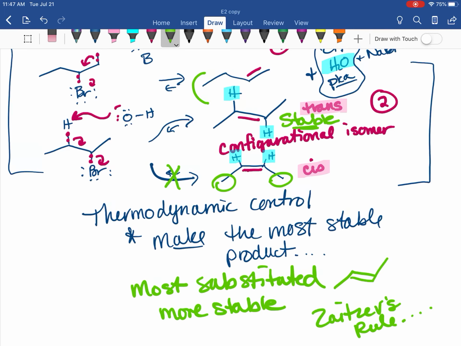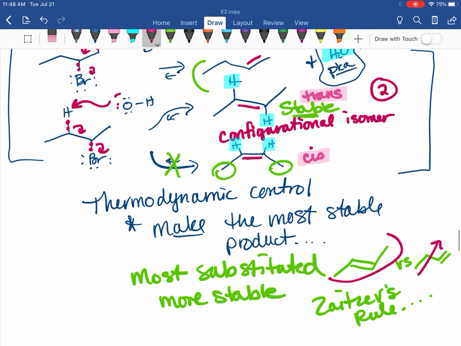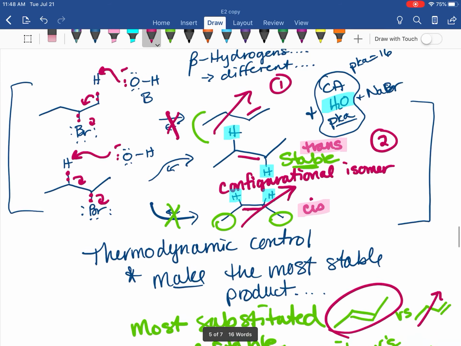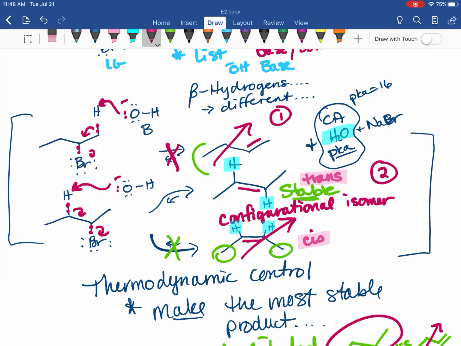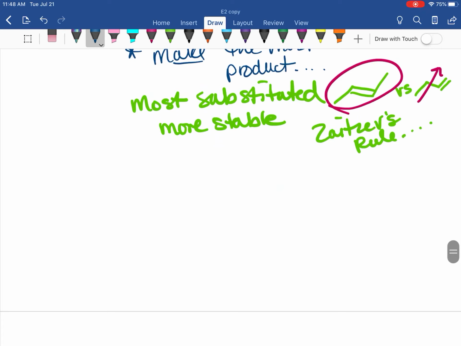This is something called Zaitsev's rule, if you're reading in a textbook, that the more substituted, the more stable. So if you've got something like this versus this, then we are going to cancel out this one. This will be our most stable. So let's go ahead and cancel out this one and cancel out that bottom one. So from a reaction like this, we will end up making that middle compound right here. We are going to make the trans most substituted alkene.